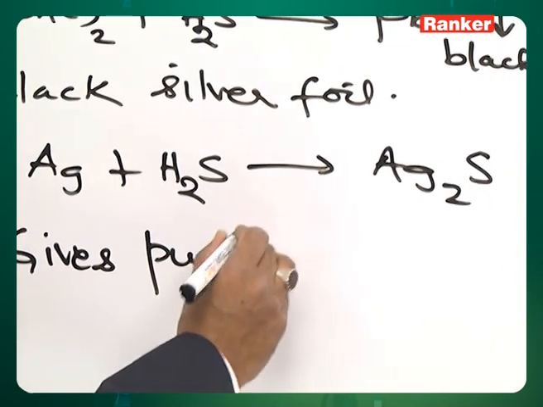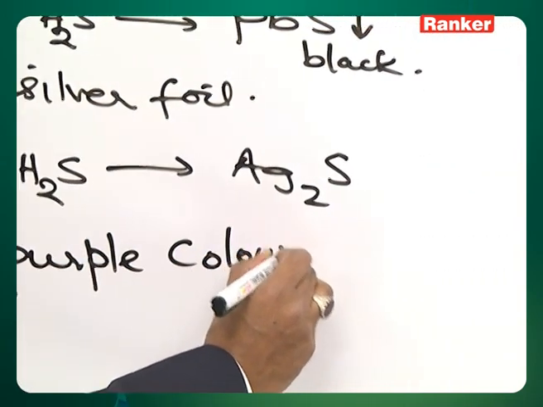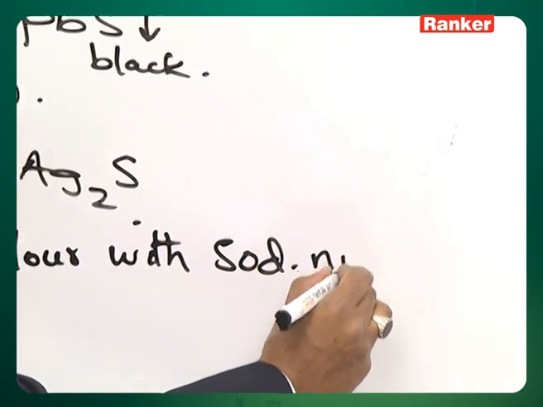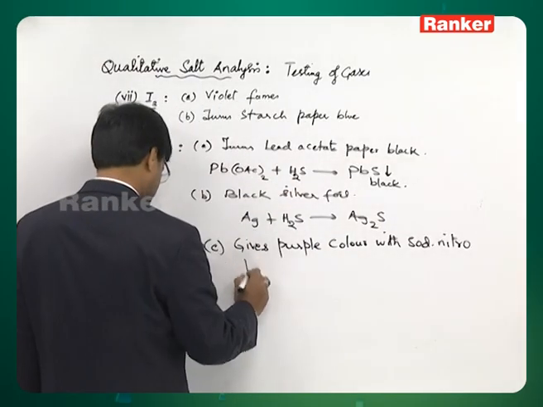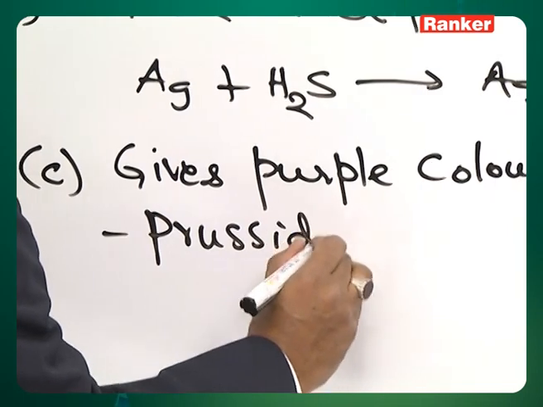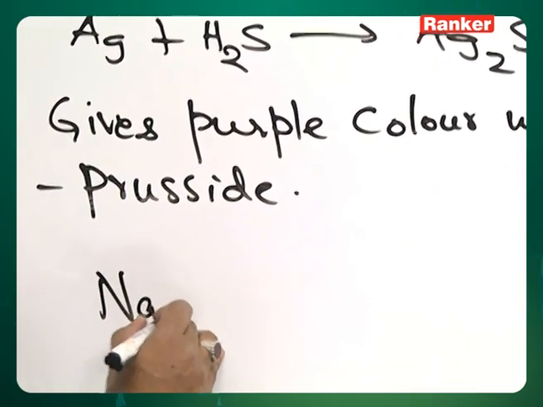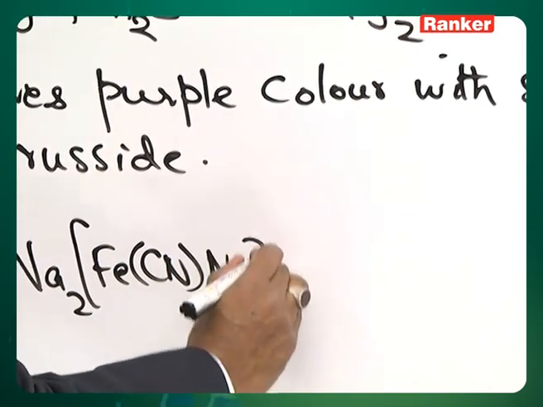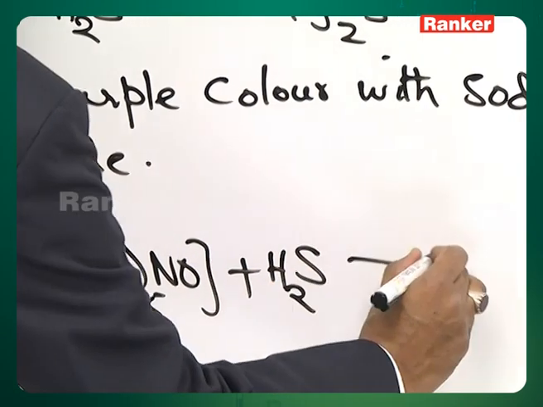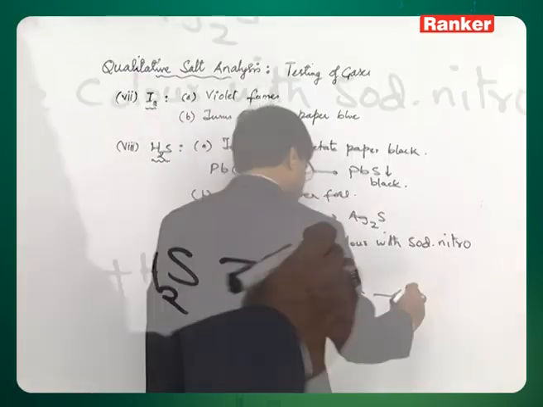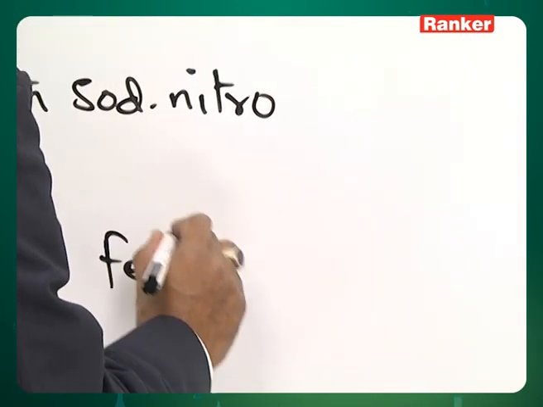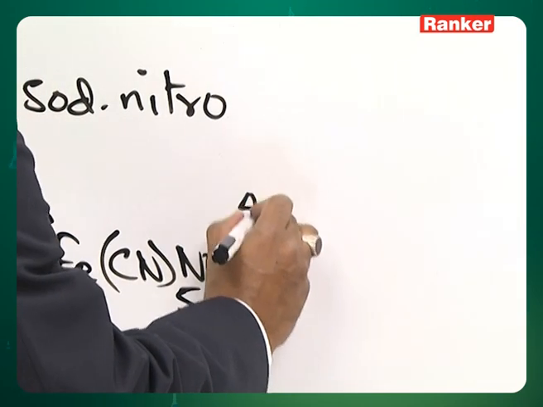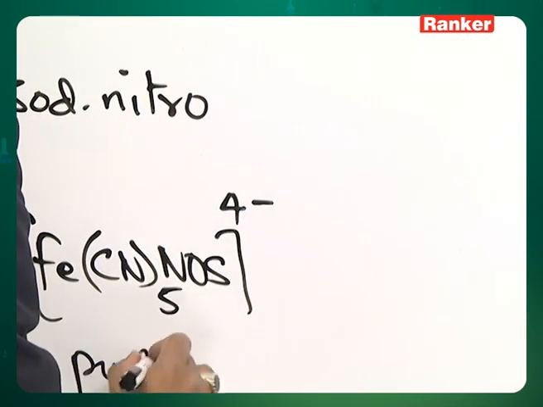It gives purple color with sodium nitroprusside. Na2[Fe(CN)5NO] plus H2S, you get [Fe(CN)5NOS] 4 minus. This is a purple colored complex.